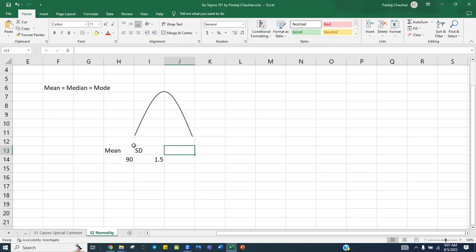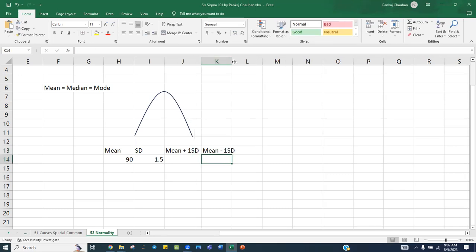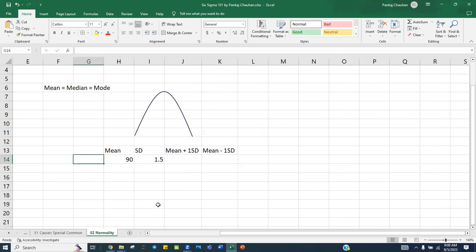Let's say mean plus 1 SD is your upper range, and mean minus 1 SD is your lower range of the data. In between, for mean plus or minus 1 standard deviation, approximately 68.28% of the data should fall.